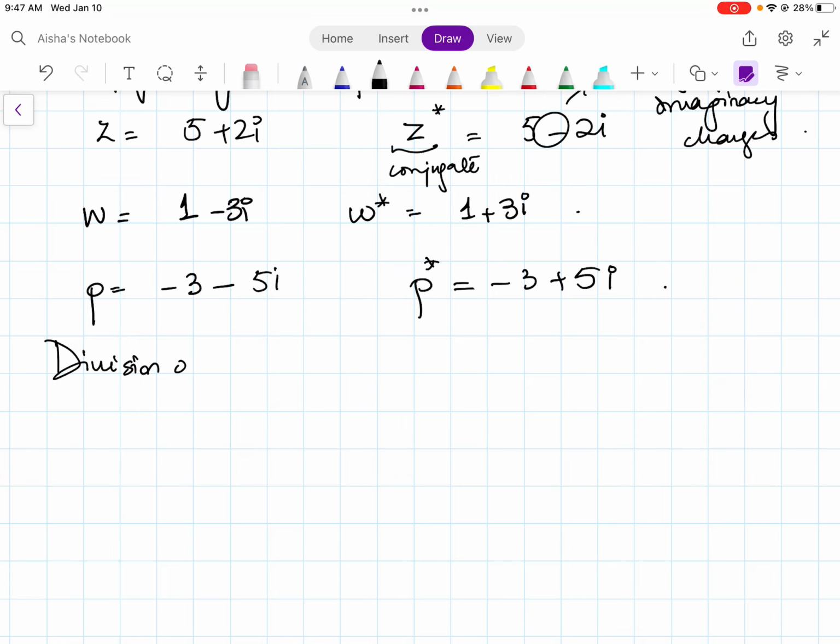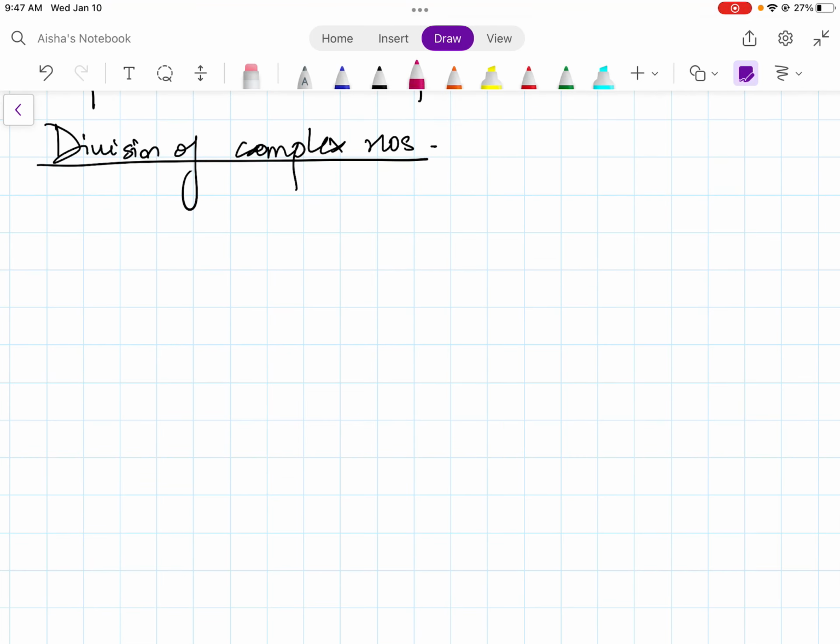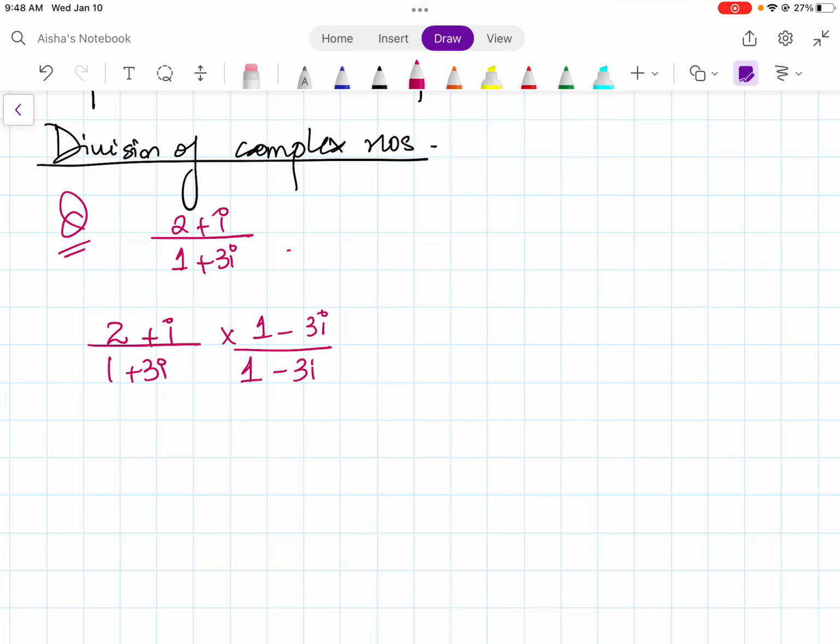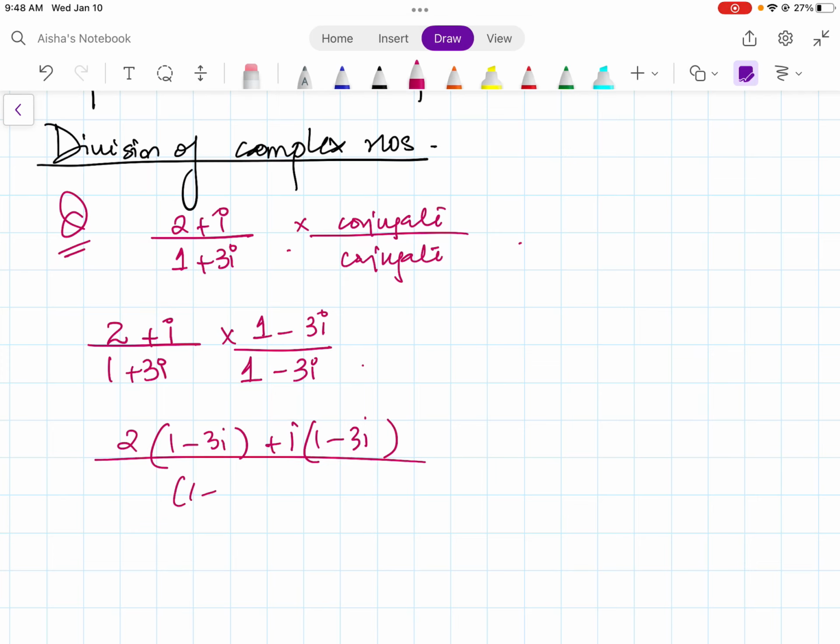Division of complex numbers. So the question is 2 plus iota divided by 1 plus 3 iota. How do we proceed? Multiply by the conjugate and divide by the conjugate. Multiply the numerator with the numerator. Multiply the denominators.